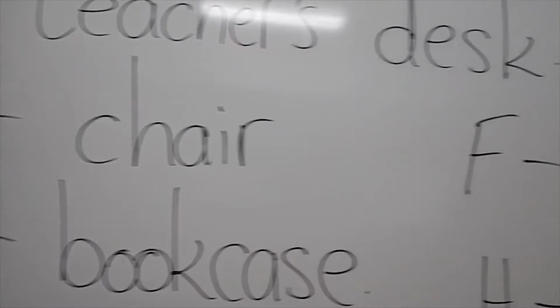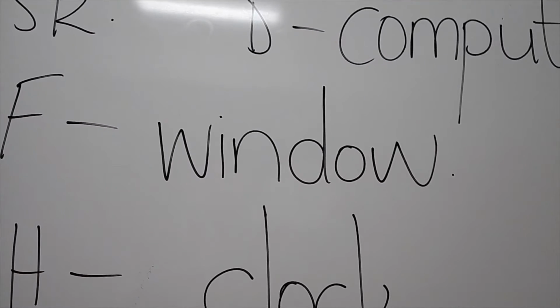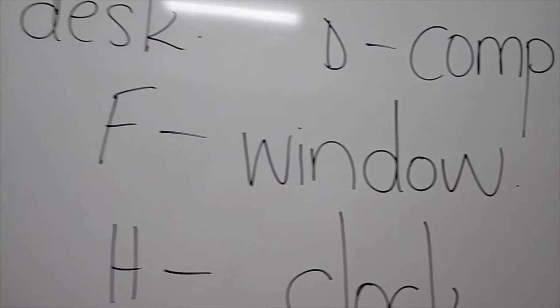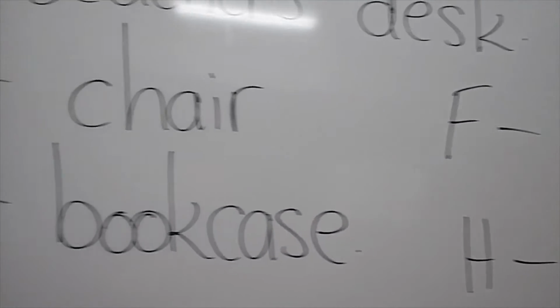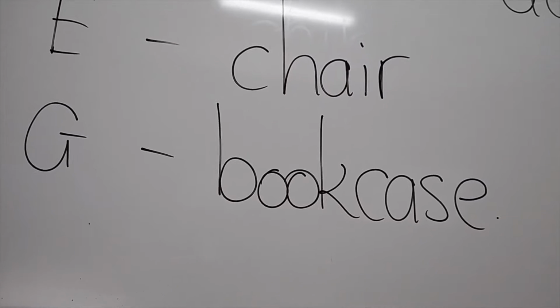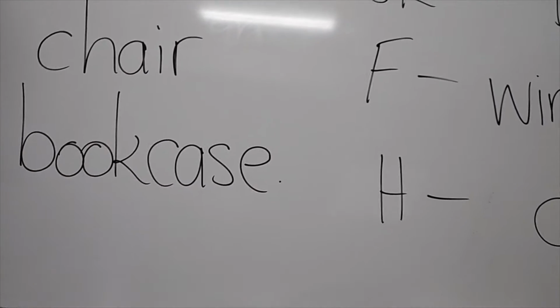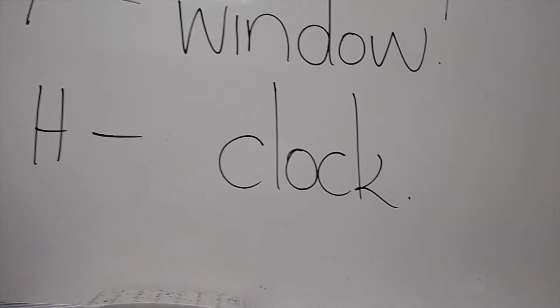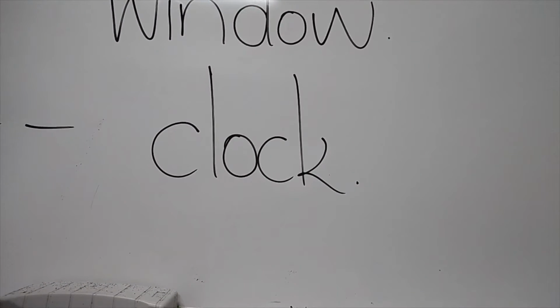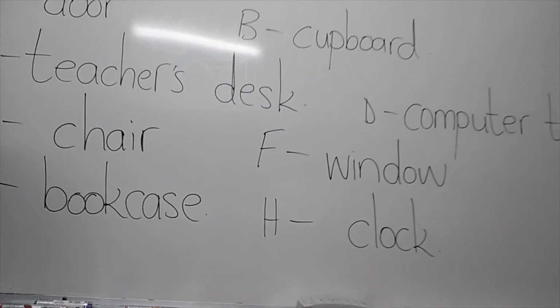Okay, this is easy. F is a window, also easy. And G is bookcase, another easy word. These are all starter vocabulary. And H is a clock.